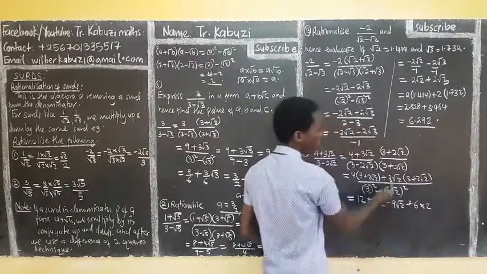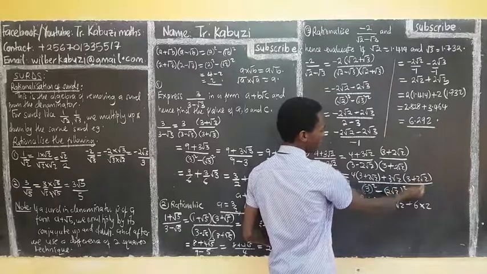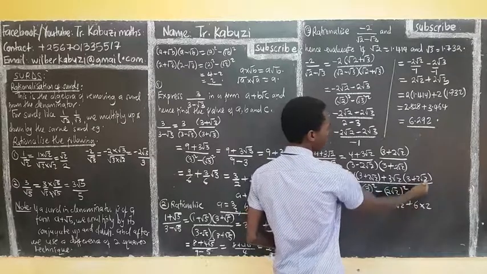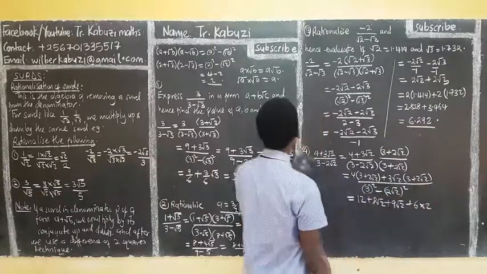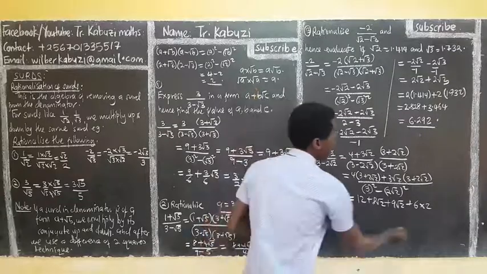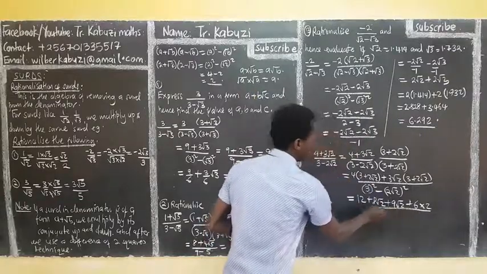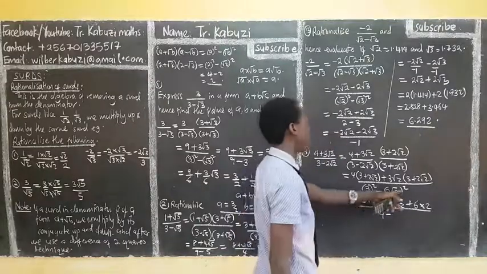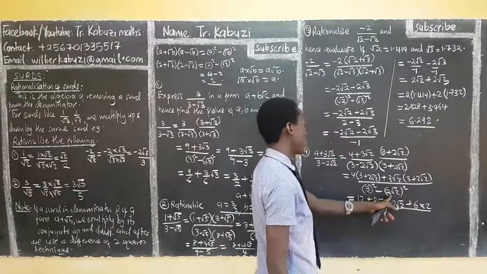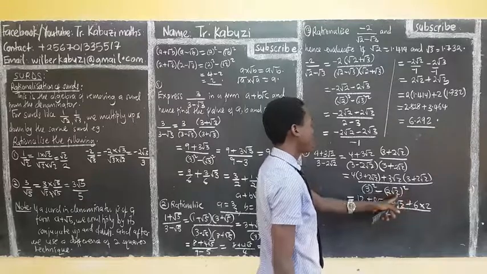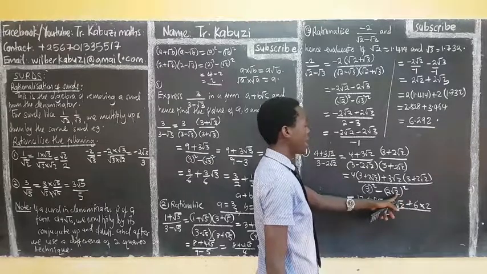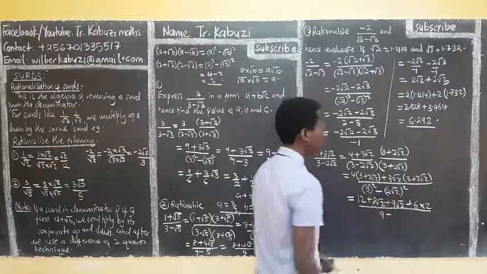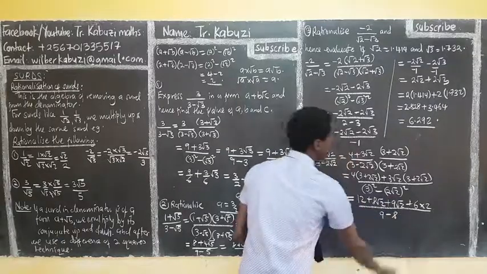I repeat, 3 times 2, that is a 6. Then root 2 times root 2, that is a 2, using this idea here. Then the other thing, we are dividing it with, this is 9, now minus. When I square this, I get 4. When I square this 2 root 2, I get 2. So 4 times 2, I get 8.